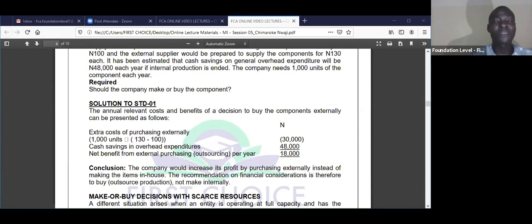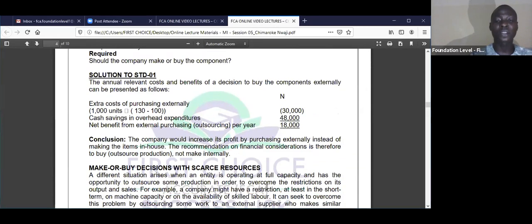Or we don't have all the resources that it takes to make everything we want to make. And so we have to decide, should we make in-house? Should we outsource? And if we are going to outsource, which are we going to outsource so that we will get the optimal benefit? So this one will help us to understand limiting factor again.